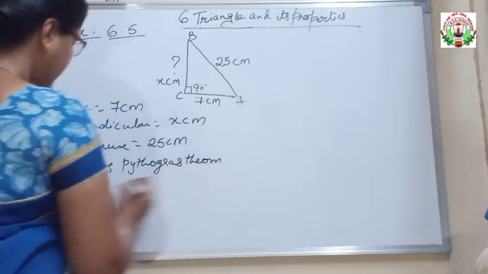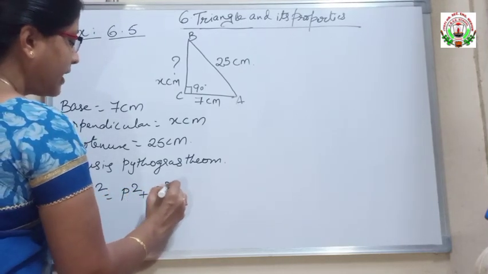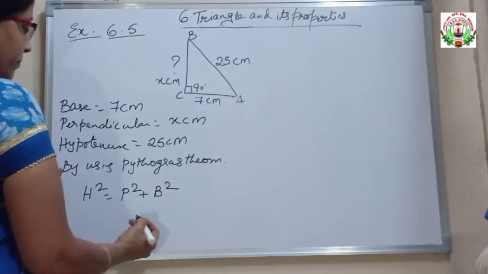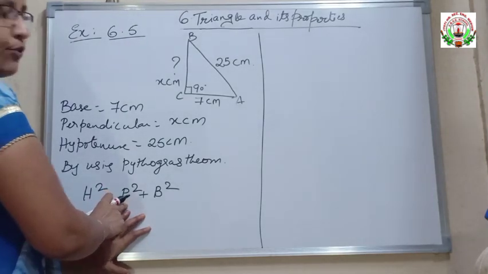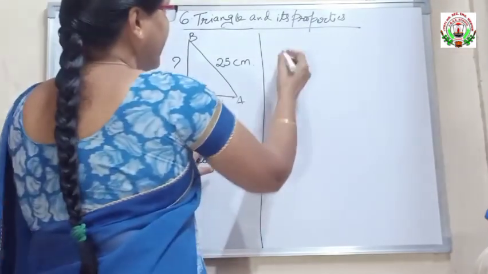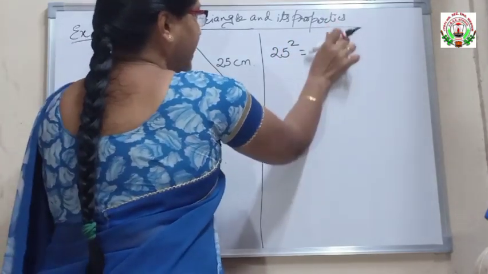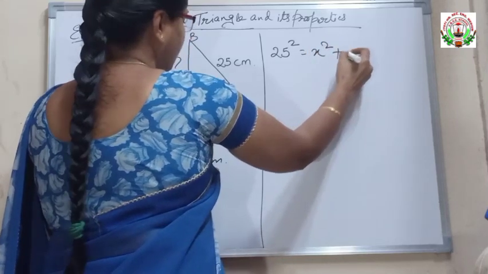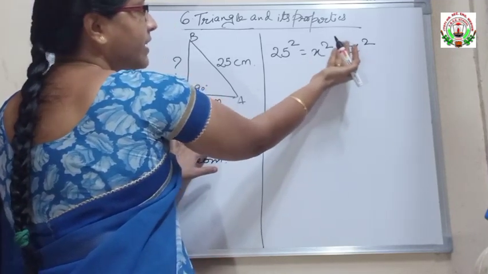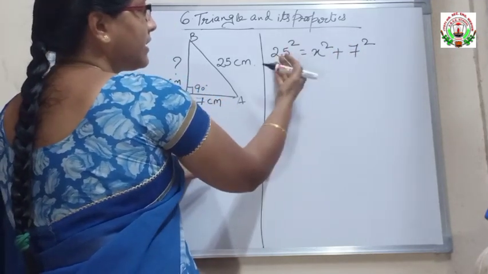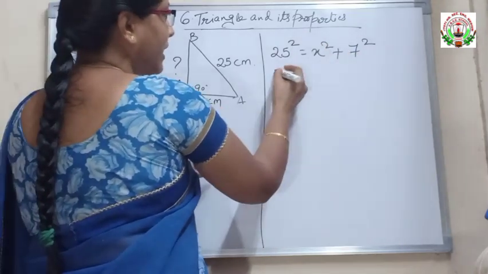By using Pythagoras theorem, we know that hypotenuse square is perpendicular square plus base square. Using this, let us find the perpendicular. Here hypotenuse square, that is 25 square, is equal to perpendicular, which I am writing as x square, plus 7 square. We have to find this x. Let me keep x square on the left hand side and transfer 25 square to the right hand side.